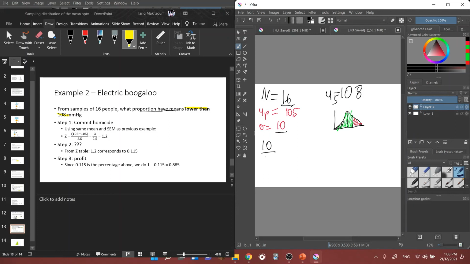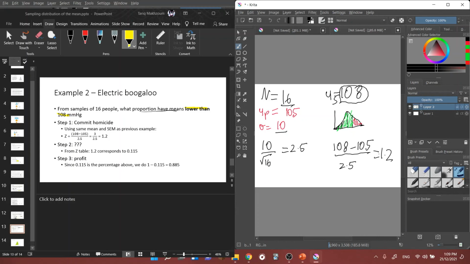So 10 divided by the square root of 16 is 2.5. Then to find the z value for a sample mean of 108, you take 108 minus 105 divided by 2.5. Putting this into a calculator, you'll get a z value of 1.2.